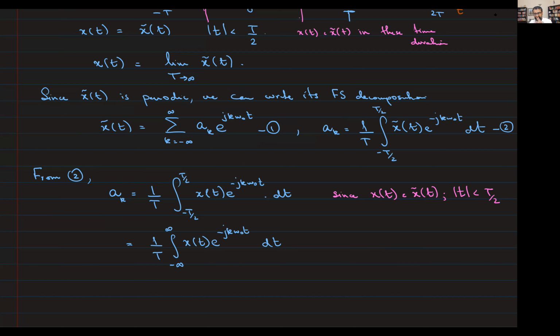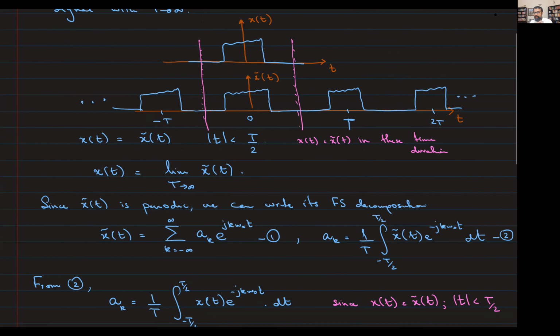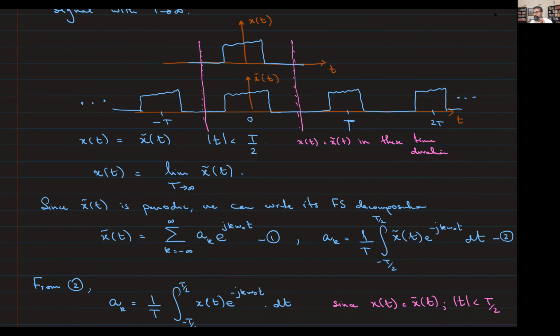Why is this true? Why can I take this integral now from minus infinity to plus infinity? What do you think? You look at this x of t, what do you observe? Excellent, Abdullah. We see here this x of t is equal to 0 for all values of t that satisfy absolute value of t greater than T by 2.